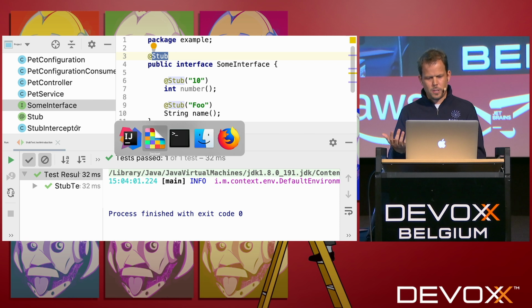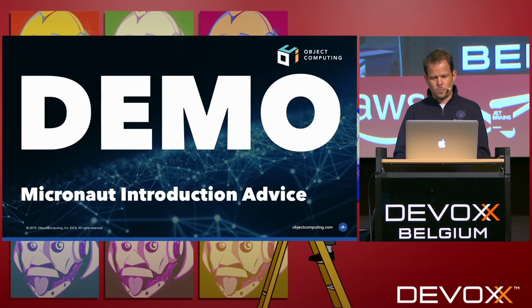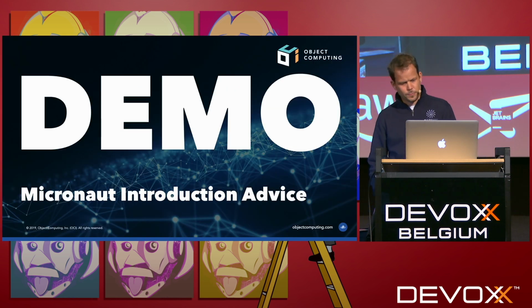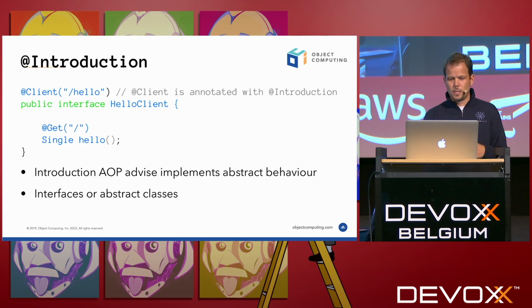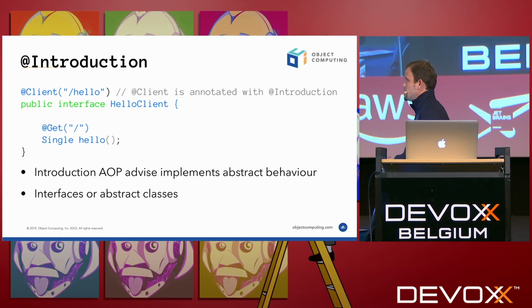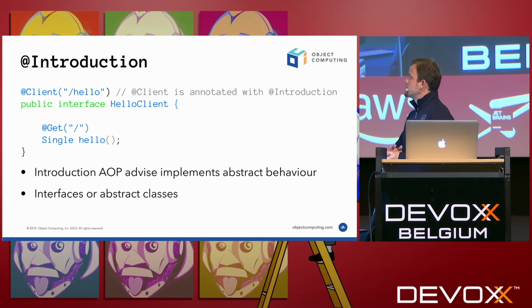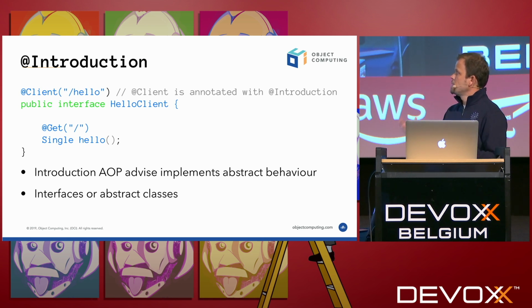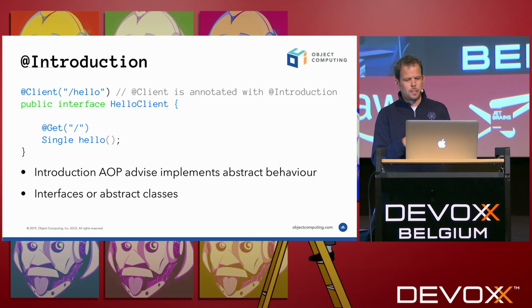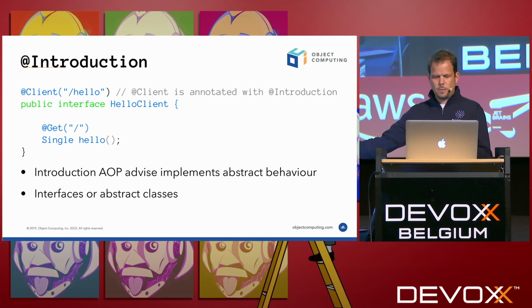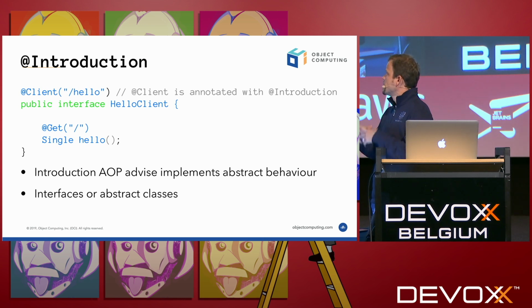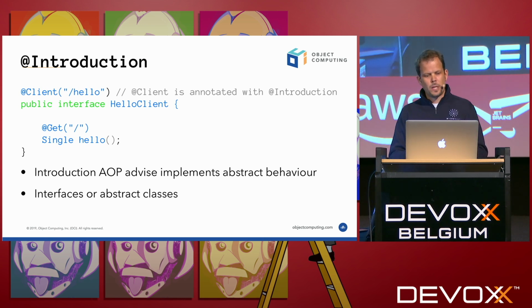So how would this be used in a real scenario? This is exactly how Micronaut's HTTP client works. Micronaut has a declarative HTTP client that allows you to define an interface, add a client annotation, and then have methods that implement the HTTP logic to do interchange between client and server, implemented for you at compilation time.